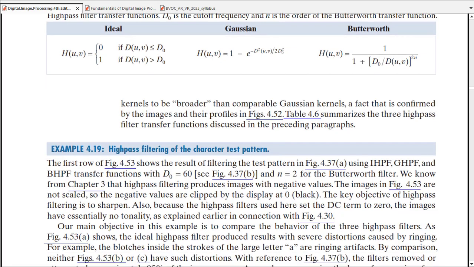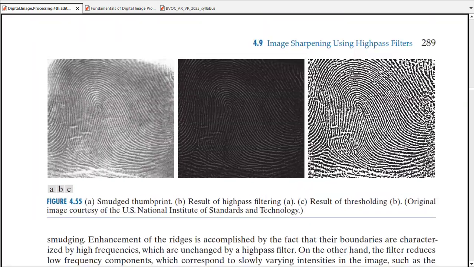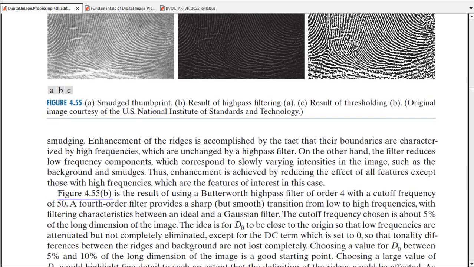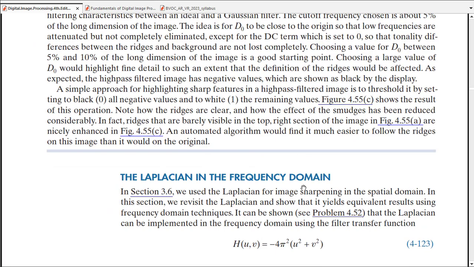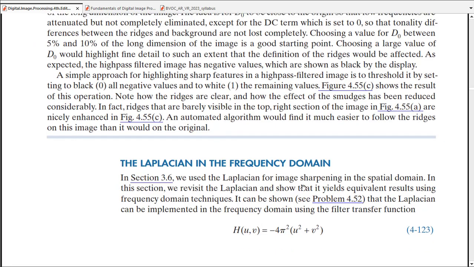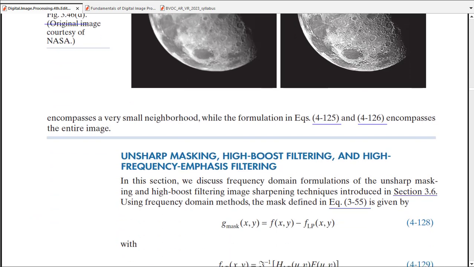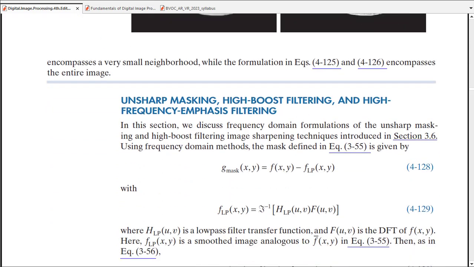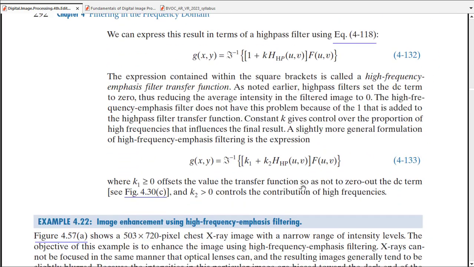Before image processing comes the analysis from image transformation. The pre-processing step is very, very important. This is a Laplacian in the frequency domain. Here is unsharp masking and high boost filtering, and then high frequency emphasis filtering techniques.